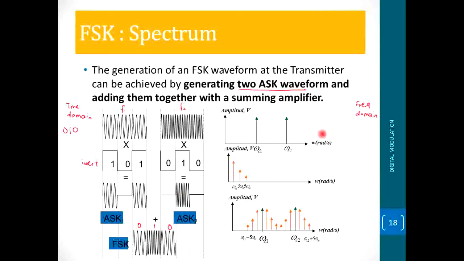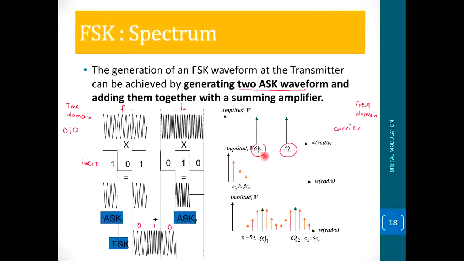Okay, this is the frequency domain of this spectrum. Because we have two different frequencies, we have omega C1 and omega C2, and this is the frequency spectrum of the carrier, because we have two frequencies of the carrier signal.